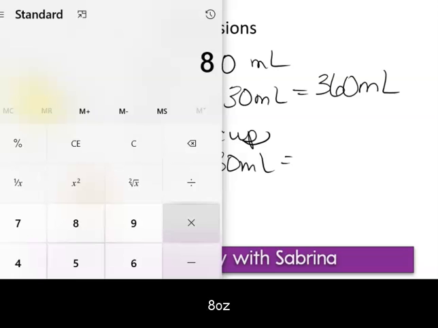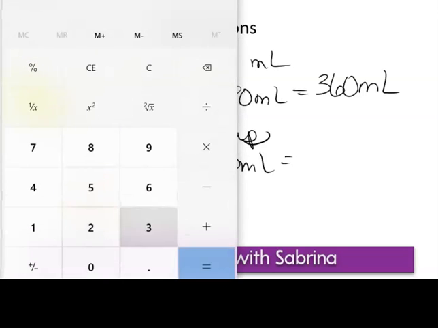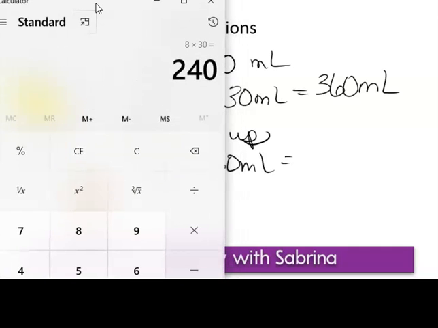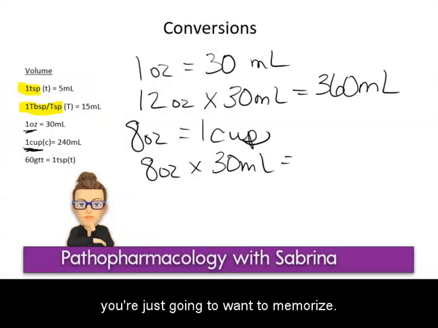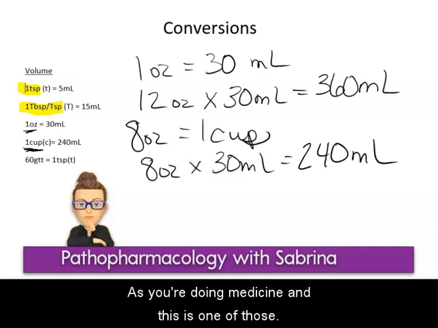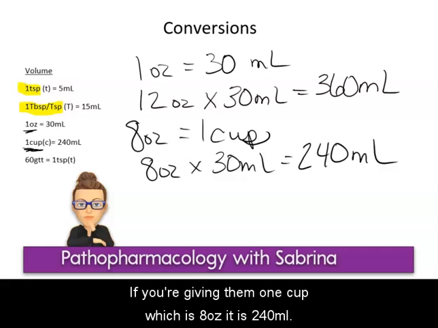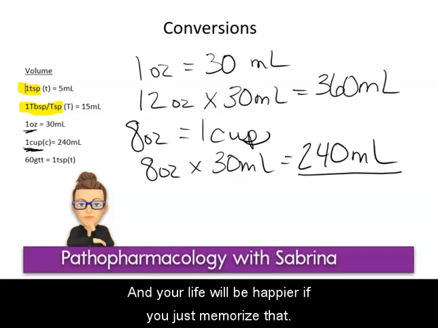So we have 8 ounces times 30 milliliters equals 240. So there's certain things that you're just going to want to memorize as you're doing medicine, and this is one of those. If you're giving them 1 cup, which is 8 ounces, it is 240 milliliters, and your life will be happier if you just memorize that. So 1 cup is 240 milliliters.